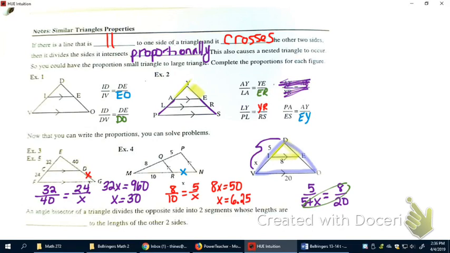Don't forget when you multiply that the 8 multiplies by both things. 5 times 20. Okay. Subtract 40 on both sides. 60. Divide by 8. I think that's maybe the 7.5. Yeah.